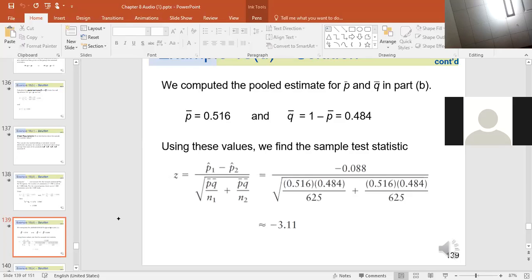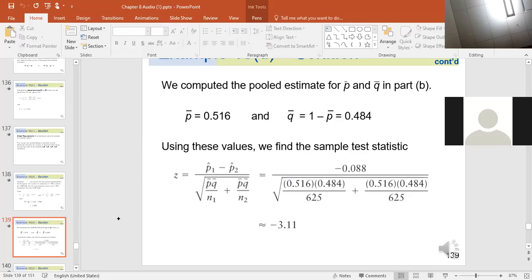Anybody has the Z value from the calculator? Are you having trouble using the calculator? Two proportion Z test.